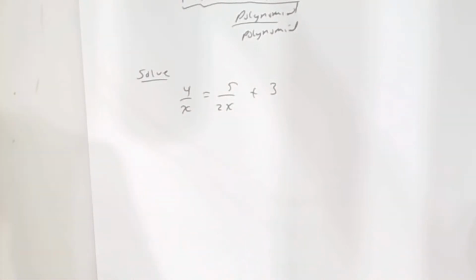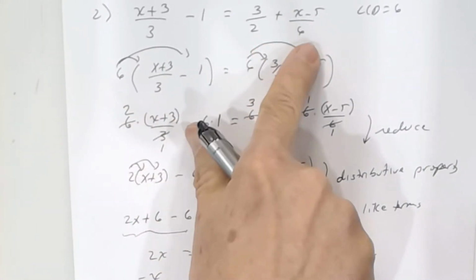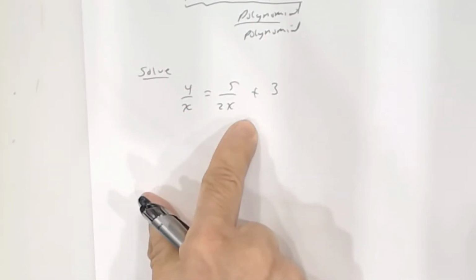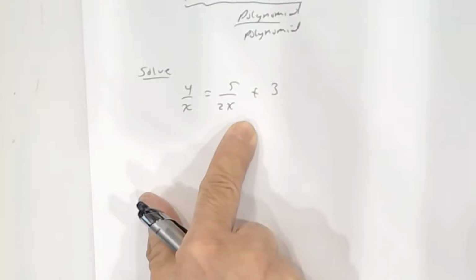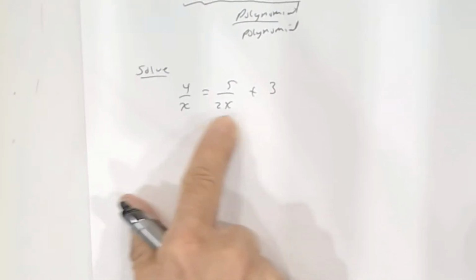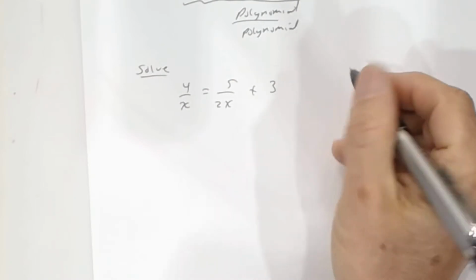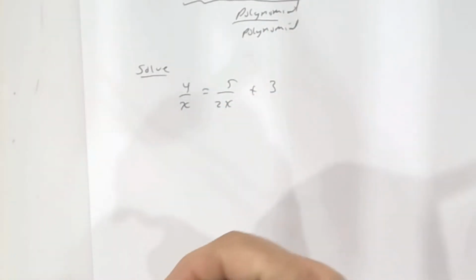Finding the LCD when there's just numbers in it is easy. Finding the LCD when there are variables in it is not as easy, but you had the practice last semester. When finding the LCD that involves variables, you have to factor first. So step one will be to factor your denominators.